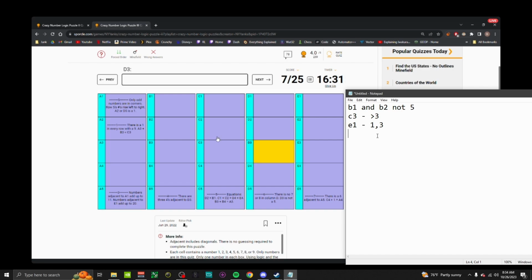Okay. Equal 20. Damn. 9? Yeah, it could be 9s. Okay.